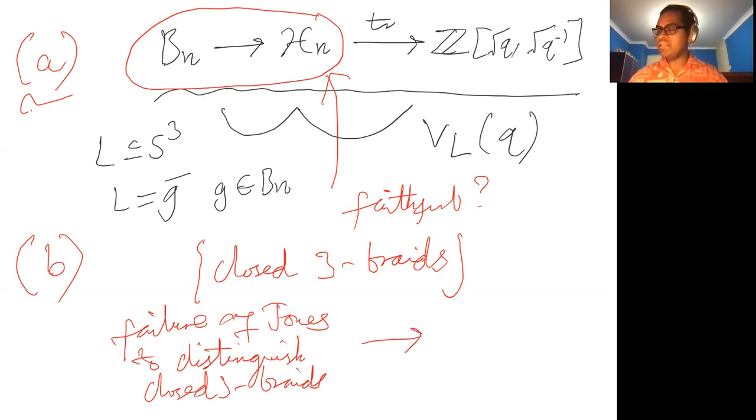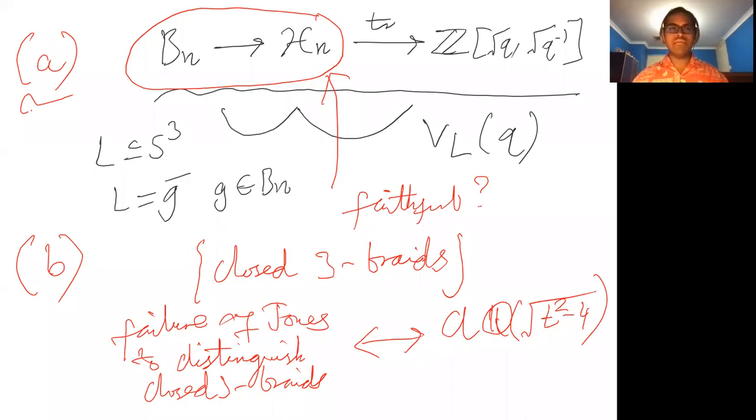This is a result I posted. It's called A Novel Connection Between Integral Binary Quadratic Forms and Knot Polynomials. And the result says that the failure of Jones to distinguish isotopy classes of closed 3 braids is measured by class groups or class numbers of quadratic orders and quadratic number fields of the form Q adjoin root T squared minus 4. So what does this mean?